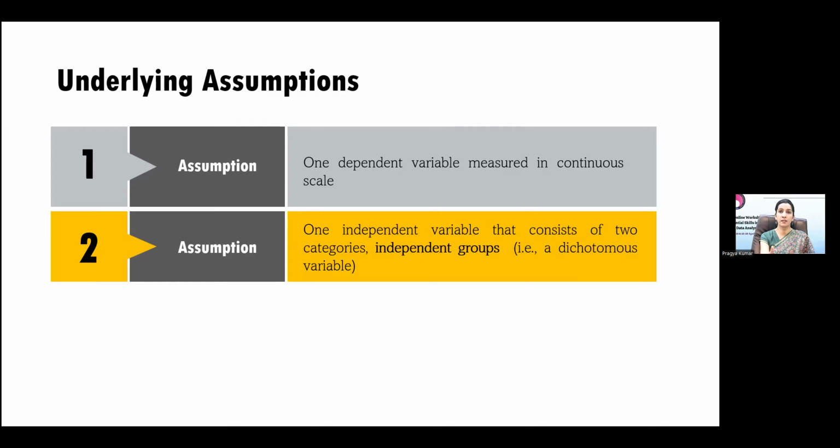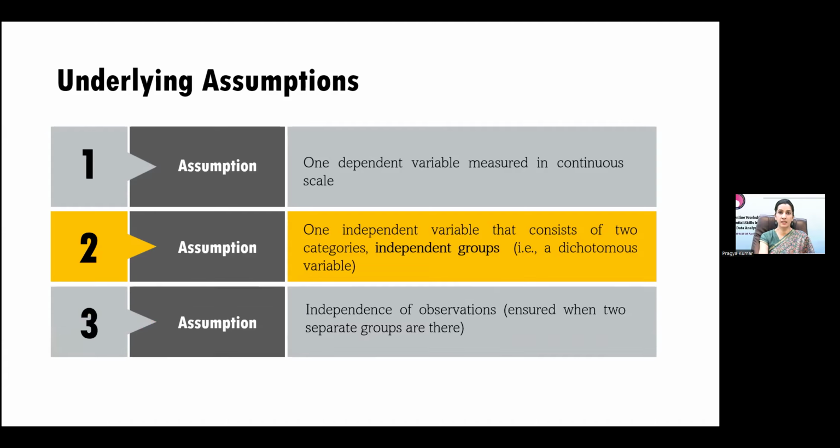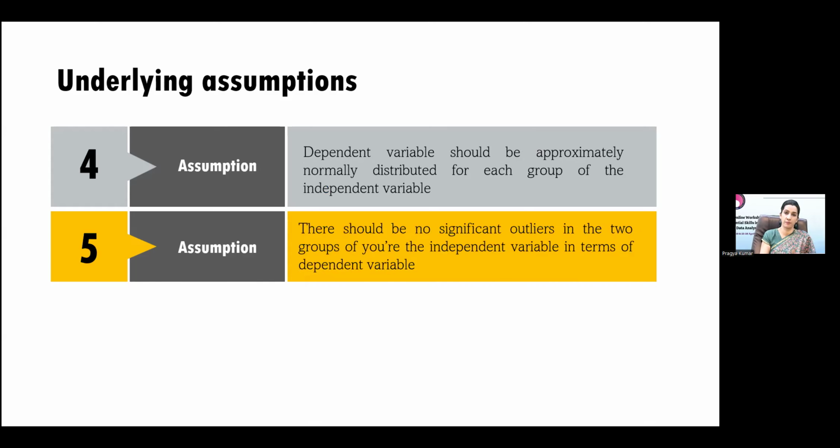So that independent group should be a dichotomous variable having two categories. And then the third assumption is independence of observation, like the way we have learned in the chi-square, that the two groups should be separate. If we have counted one person in one group, that person should not be counted in the other group. So it should be two independent groups.